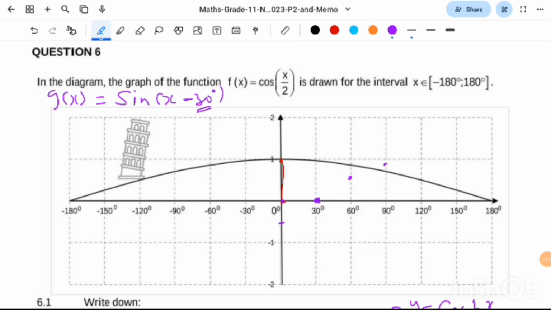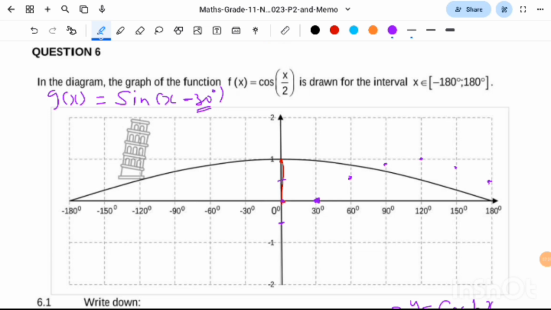Sine 120 minus 30, then 150 minus 30, which is 0.8. Then 180. Sine 180 minus 30 is half, which is somewhere there.